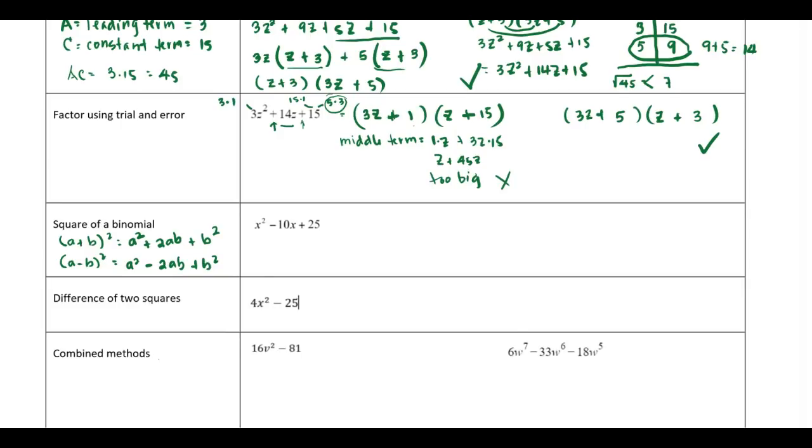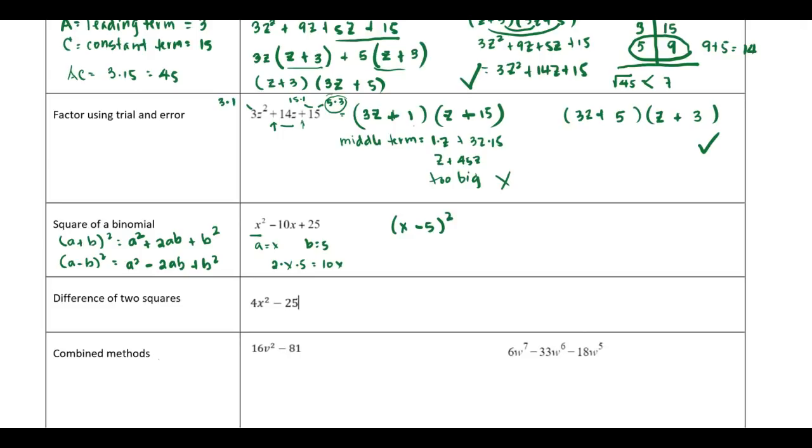So by inspection, you can see that here the a is x, a squared, and the b is the 5, and the 10x is 5x doubled. So we see that this is really x minus 5 squared by inspection.